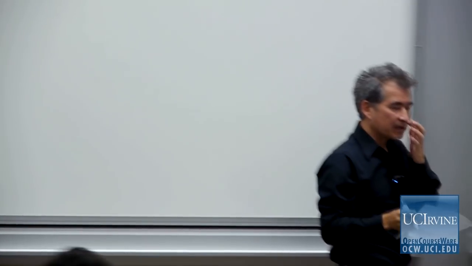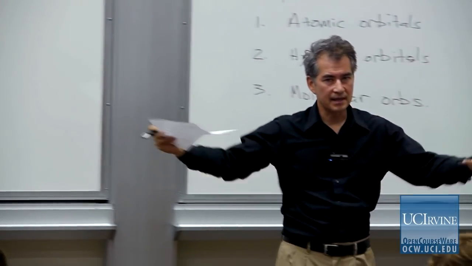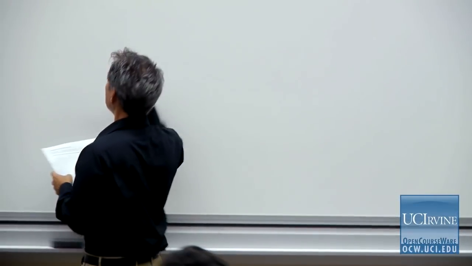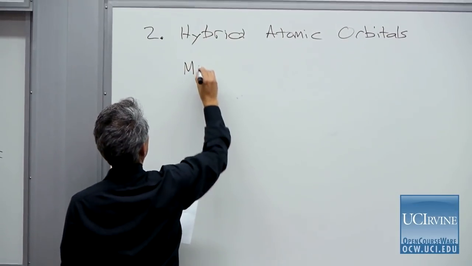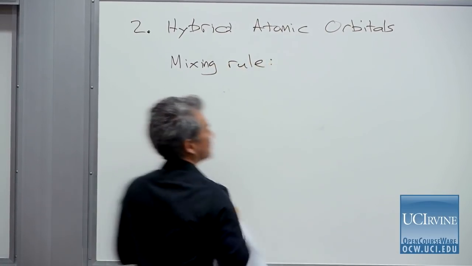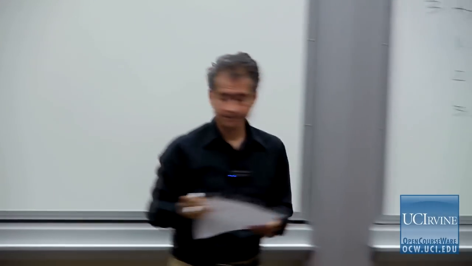Okay, so I'm going to give you a rule for mixing orbitals, for thinking about the way that orbitals mix together. It's best to think of them as mixing two at a time. And the rule is pretty simple.